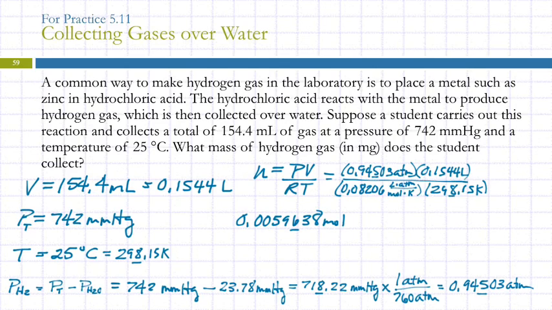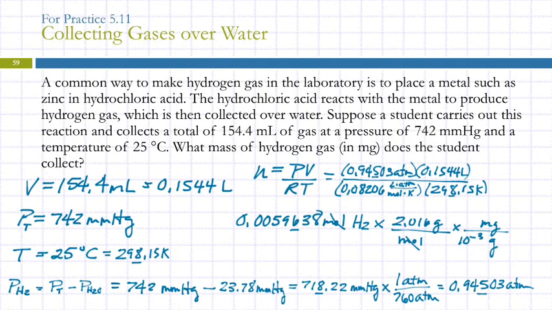What's the formula for hydrogen gas? H2. Hydrogen is a diatomic element. Here it's by itself, so I need to convert that. It's 2.016 grams per mole. But what unit did they ask for? Milligrams. So I need milligrams over grams.